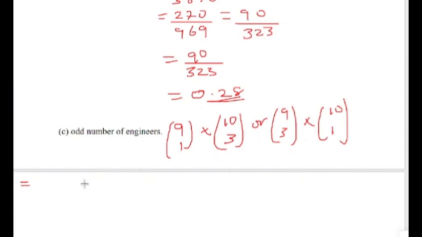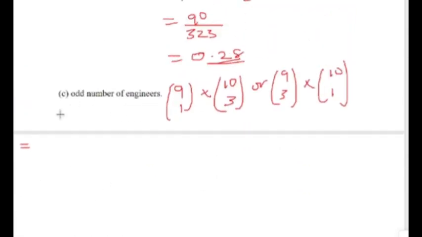So basically, we have some space. Let me express this better. Everything here will be divided by 19 combination 4. I'm using this notation because of our space. Ideally you should be consistent with your notations. So 9 combination 1, we are going to get 9.